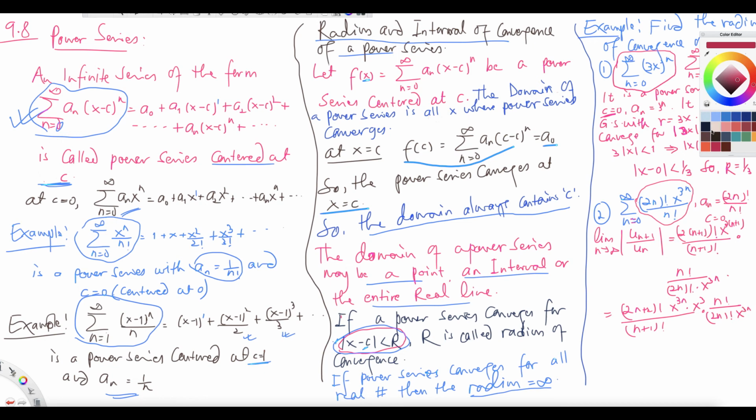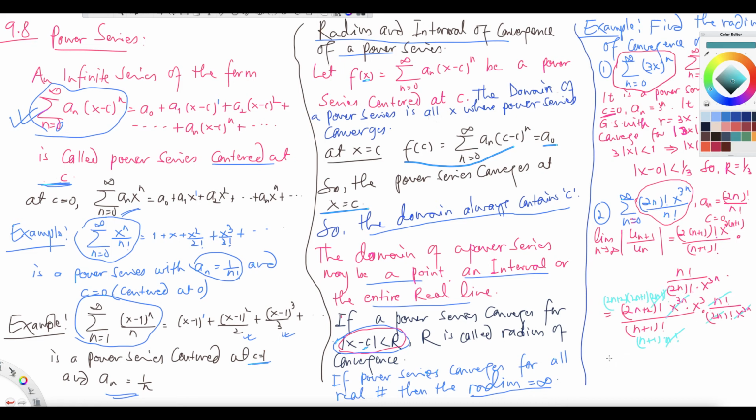Okay, we want to cancel the things that are the same, so x^(3n) and x^(3n) cancel out. Also (n+1)! is (n+1) times n!, and that n! and n! cancel out. Similarly, (2n+2)! is (2n+2), then (2n+1), then (2n)!. So you cancel that (2n)! and (2n)!.